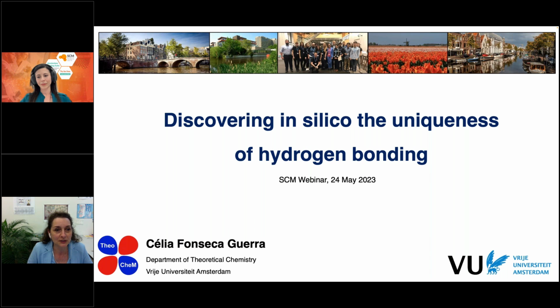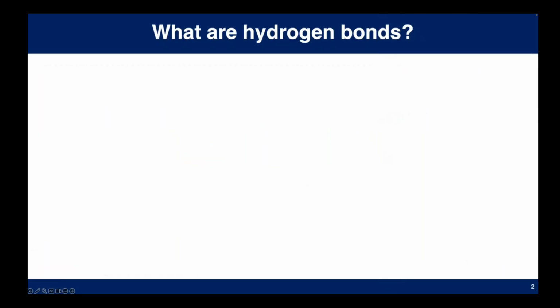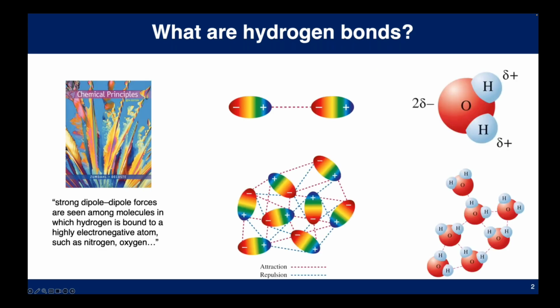So what are actually hydrogen bonds? If we think of hydrogen bonds, we see them normally as an interaction between a positively charged hydrogen atom and a negatively charged oxygen atom. This is the way we learn in our bachelors of chemistry how this weak interaction works.